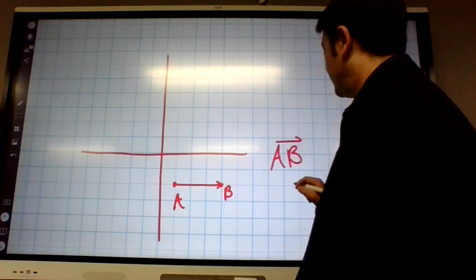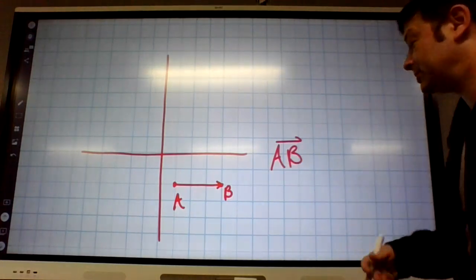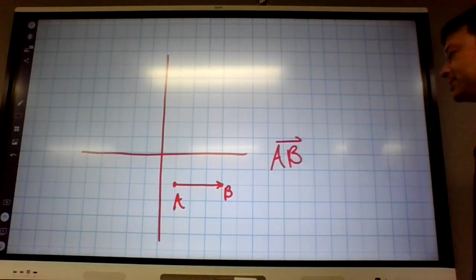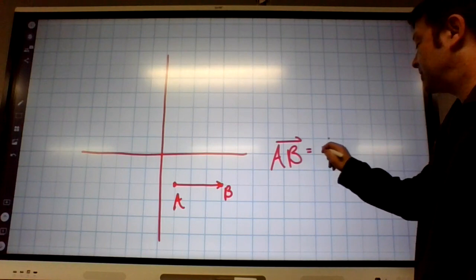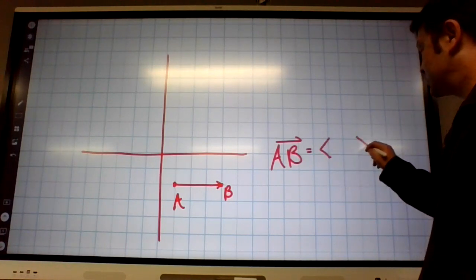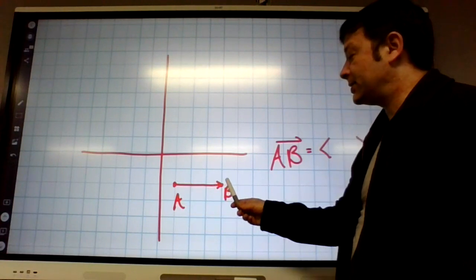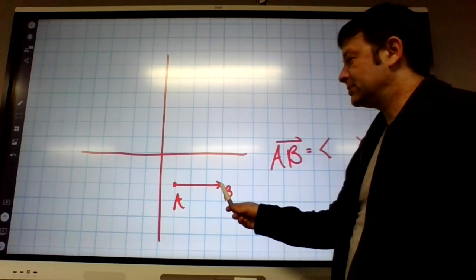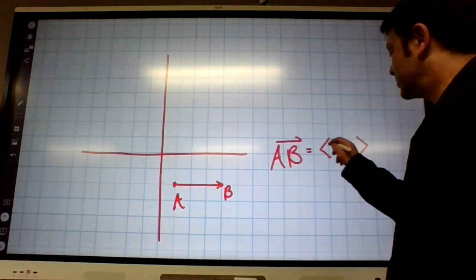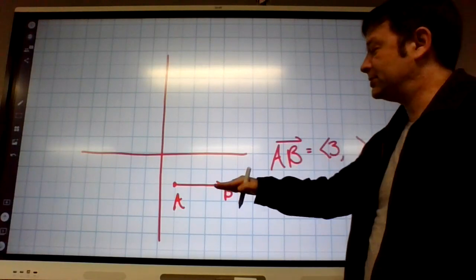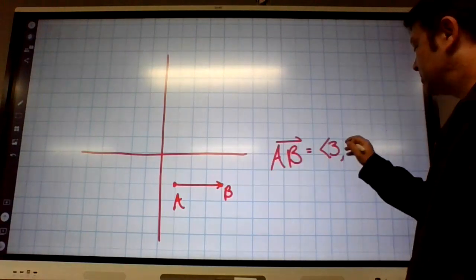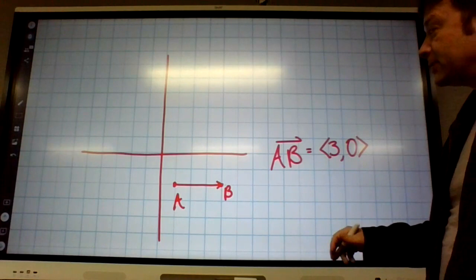Which by component form, maybe it's basically what we talked about yesterday. It's just writing the vector kind of as two sets of coordinates. So how far is the vector moving in the x direction? 1, 3. How far is it moving in the y direction? 0. So it's just a 3, 0 vector.